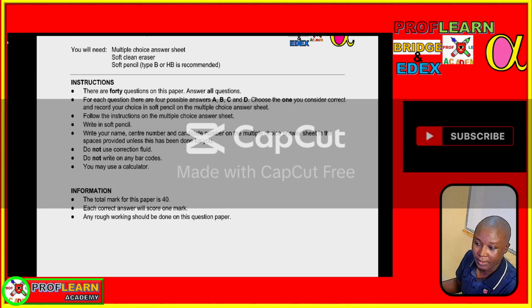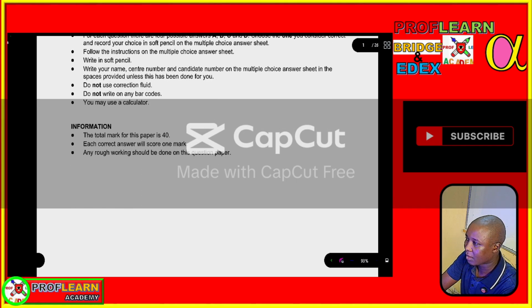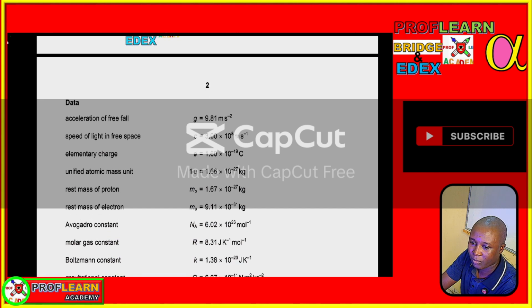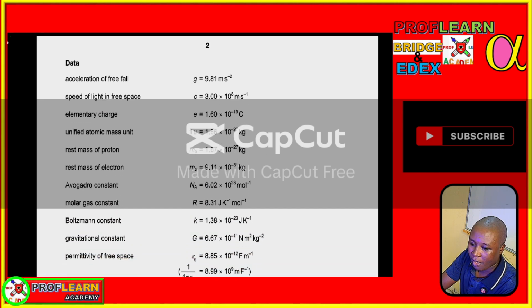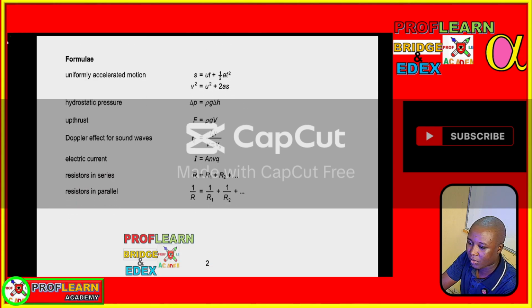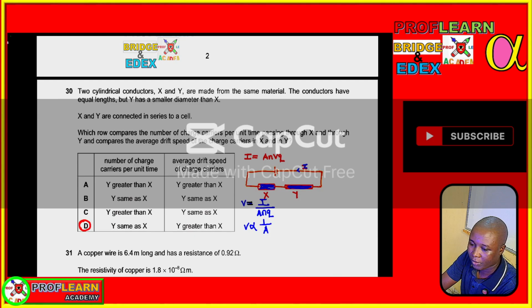Now, to get started, this paper has 40 marks, but we are focusing only on MCQ. You'll be provided with some data, and also some few formulas which will enable you to approach this particular question.